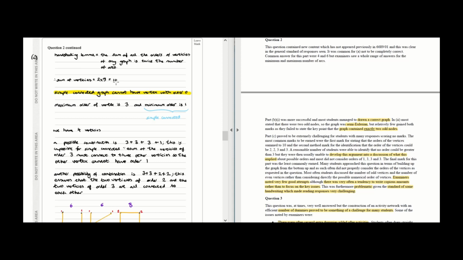But I think the problem over here was that they did not consider what would happen if you have an order of 3, and they failed to sort of explain that further, and that's exactly what I did over here. I explained it further. So what you have to do over here then is develop that argument into a discussion.